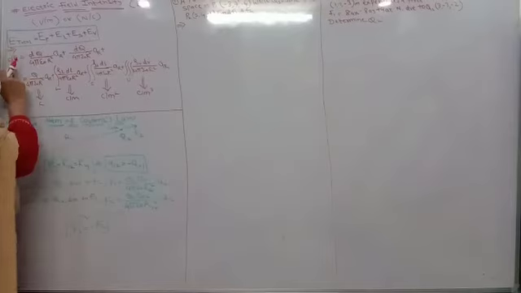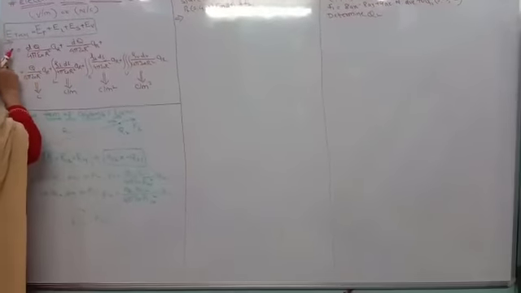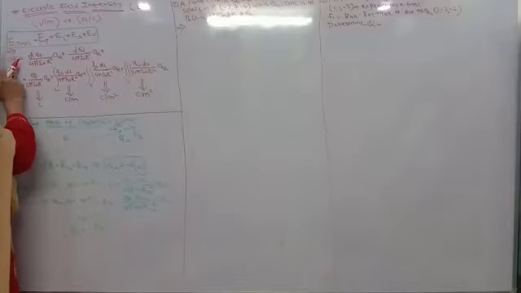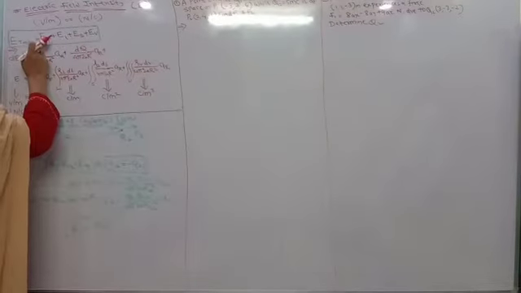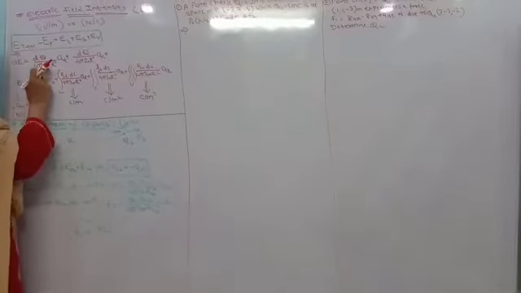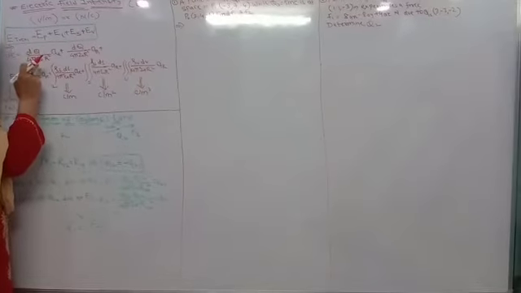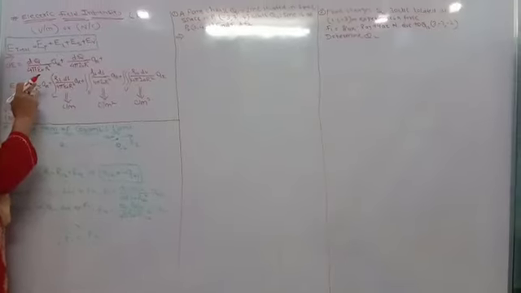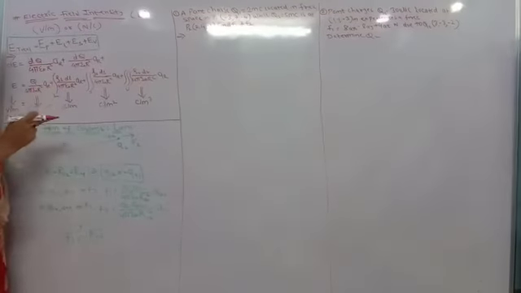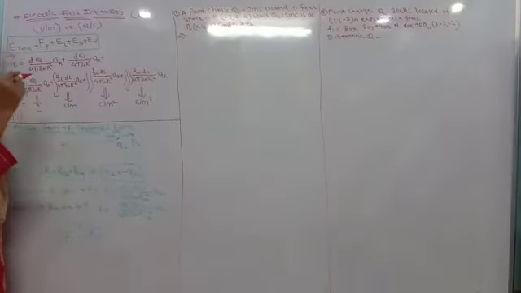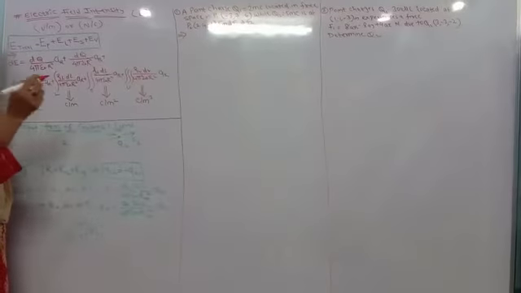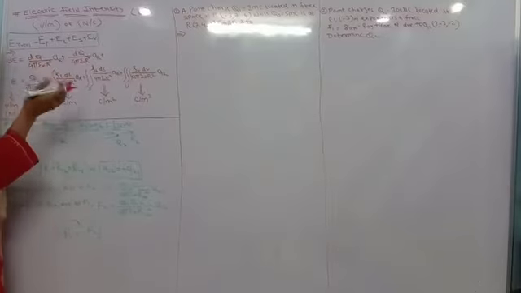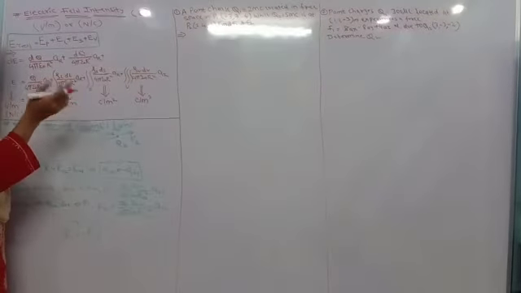If you are taking it in terms of the differential form, dE is the differential electric field intensity. What is my EP? EP is nothing but the point charge. How can I write my electric field intensity by considering the point charge? It is Q divided by 4 pi epsilon 0 R square AR. In the last session we wrote 1 2 in place of R12 and AR12, where 1 and 2 are the two charges at position 1 as well as at position 2.